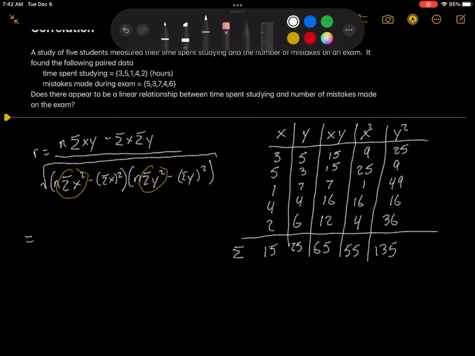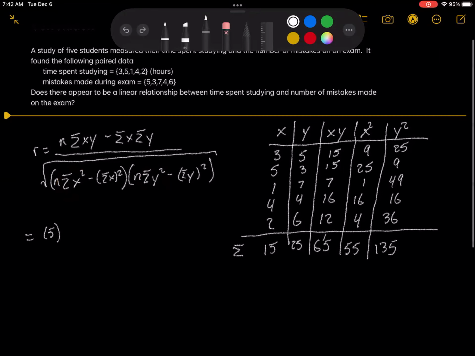So the reason I like this table so much is I can look at this table and just replace my equation. So this n here is the number of data pairs. So here you have 5 data pairs, right? You got 10 total data, but they're paired data. So you have 5 data pairs. So that's a 5 right there. And this sum xy is going to be replaced with the sum of xy's, 65.